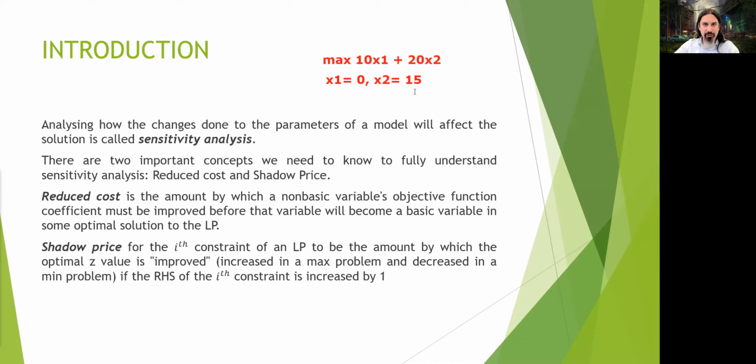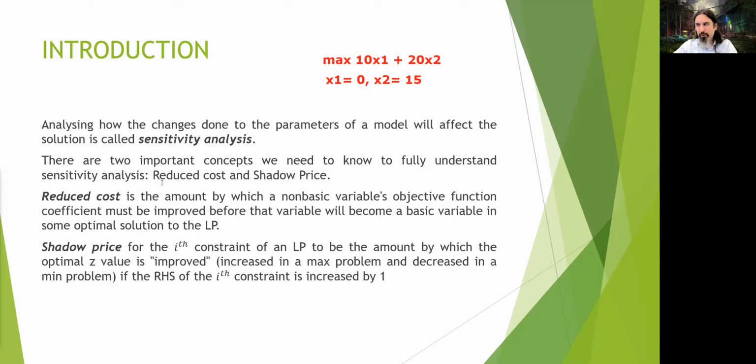Now, this is my solution. But as I can see, x1 is a non-basic variable and x2 is a basic variable, because x1 has a value of 0. It could be a basic variable with a value of 0, but let's just assume that it's a non-basic variable, and x2 is a basic variable because it's in the solution. So the reduced cost is applicable for x1 only.